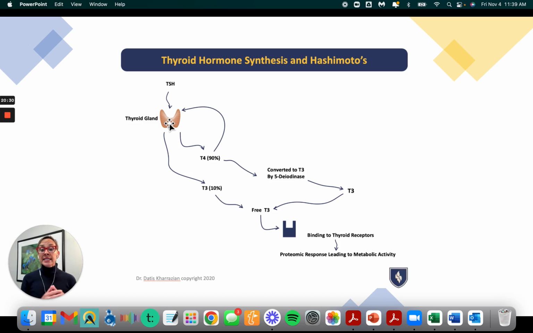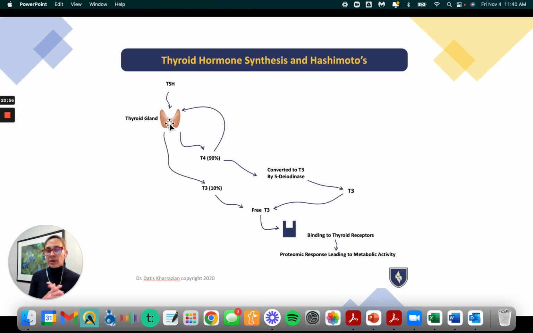Now, certain things can downregulate or slow this biochemical process. Excessive high cortisol, stress, trauma, inflammation, all those things slow this process. So if you have a lot of T4, but you can't get it to the active form, you're still going to have a lot of symptoms of hypothyroidism.